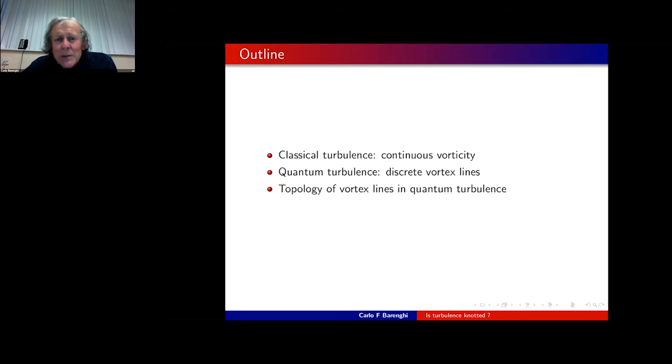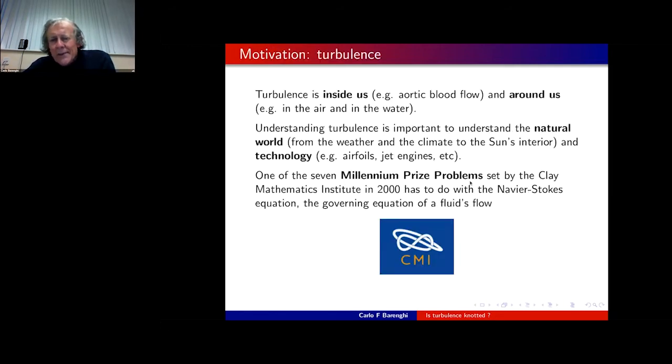It is also an interesting mathematical problem. In fact, it is one of the 7 Millennium Prize problems set by the Clay Mathematics Institute at the beginning of the century. One of these problems has to do with the governing equation of turbulence, the Navier-Stokes equation, and it has not been solved, unlike others. But turbulence is above all interesting to a physicist like me.